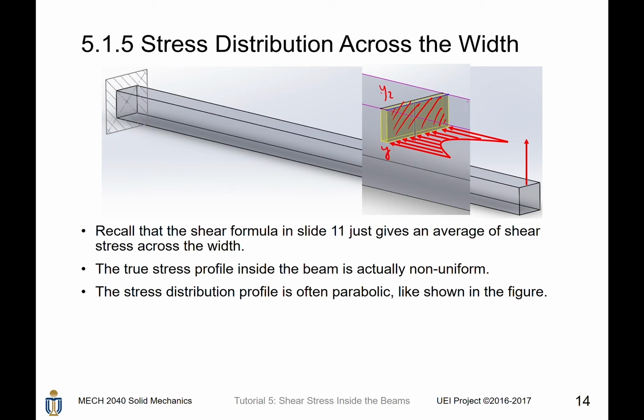It is not talking about the shear stress acting on the entire cross-section, it is not. It is just talking about the shear stress acting through the width of this cross-section at position y. The stress distribution profile is often parabolic, like what is shown in this figure.